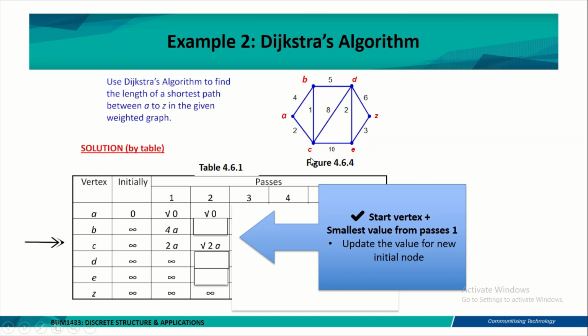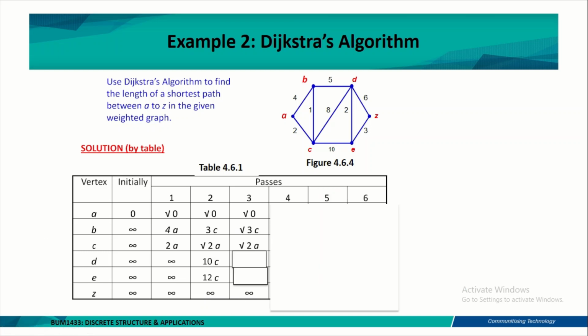We see that 3 is less than the previously recorded value, so we write down 3C since our current node is C. For D, from C to D we have 10, so we have 10C, and for E, we have 12C. And Z, since it's not adjacent, stays as infinity.